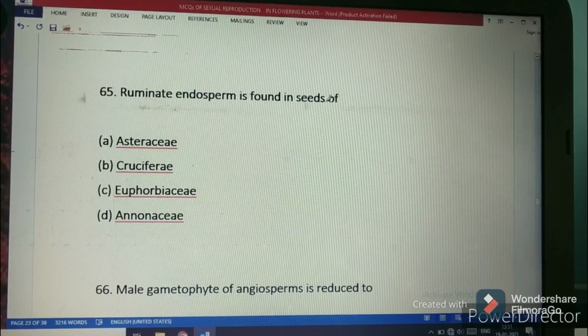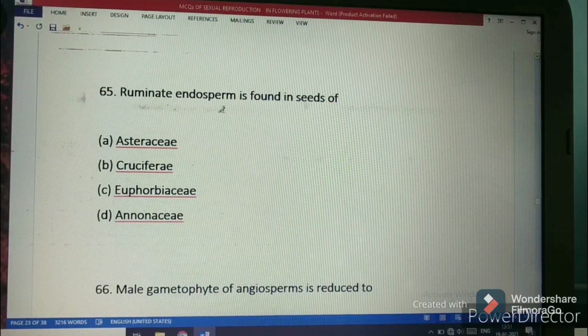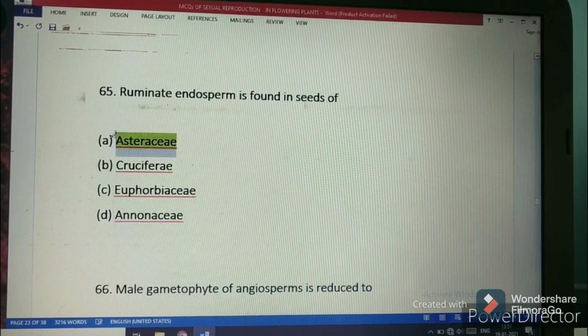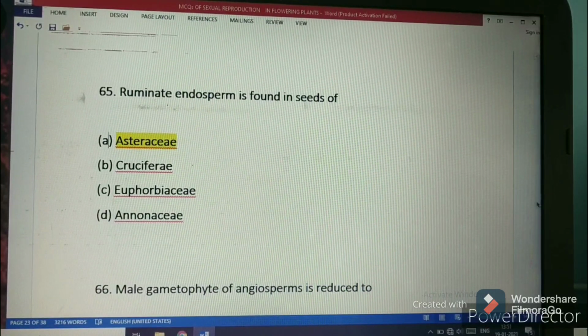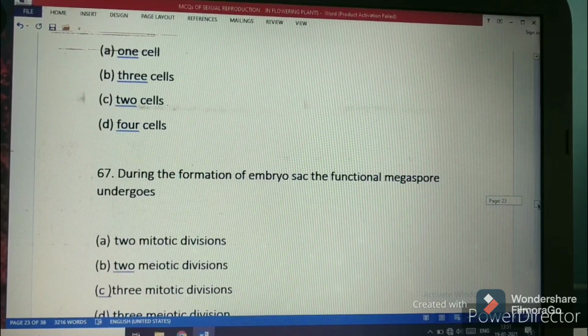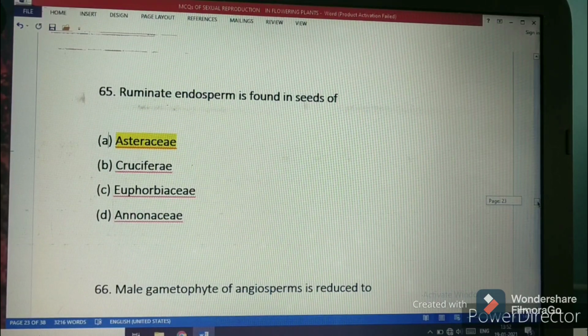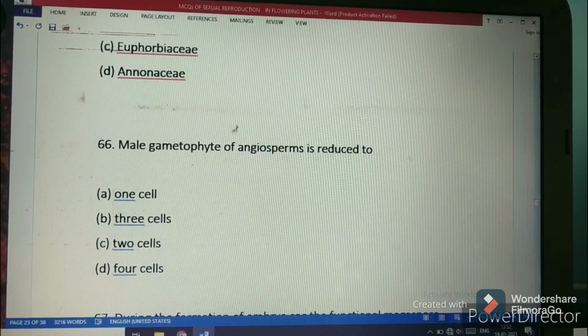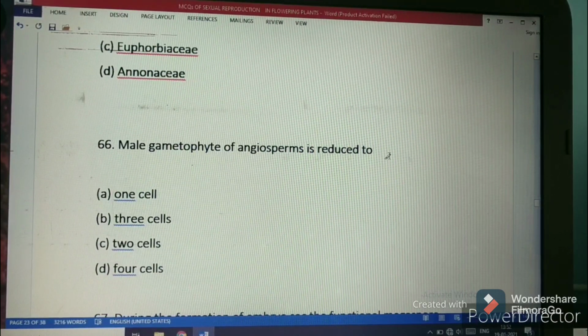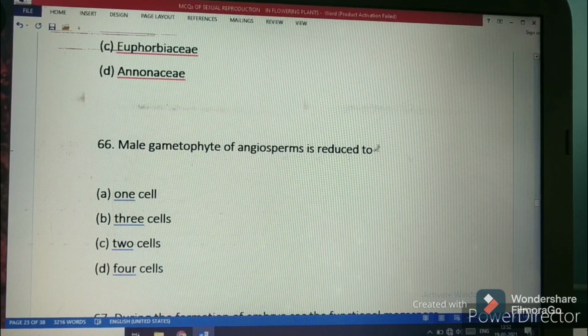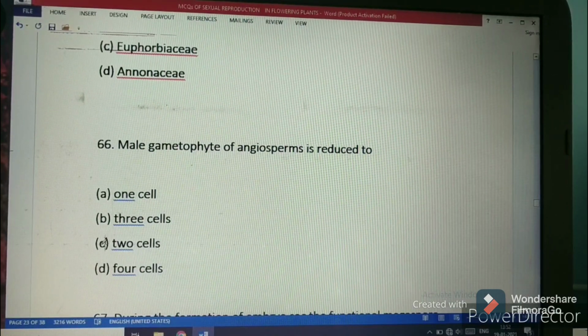Ruminate endosperm is found in seeds of Annonaceae. Annonaceae is the correct answer. Male gametophyte of angiosperm is reduced to 2 cells.